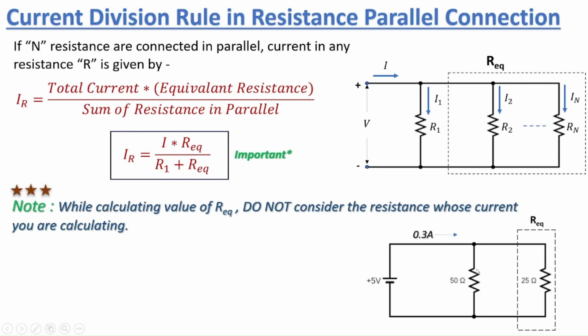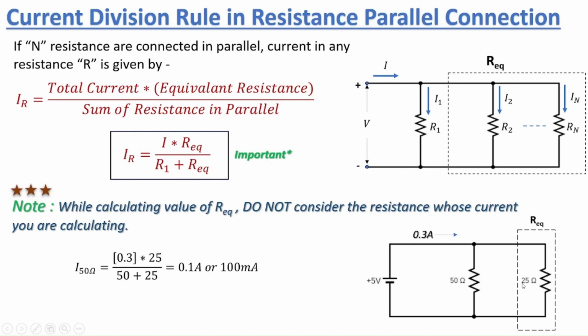I'm not including the 50 ohm in my R equivalent calculation. So I 50 ohms is going to be the supply current 0.3 multiplied by R equivalent, which is 25 ohm only, divided by the total resistance here, which is 50 plus my R equivalent, so 50 plus 25. This will come out as 100 milliamperes.